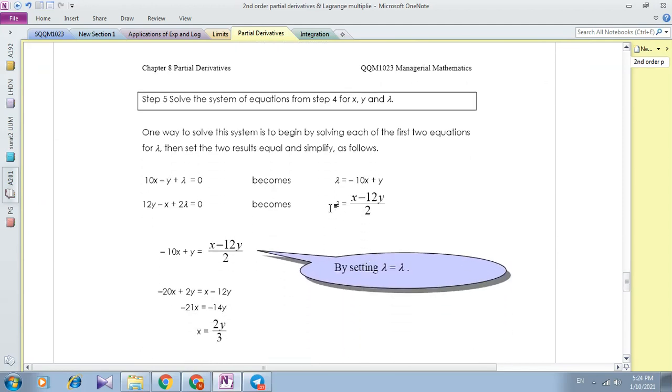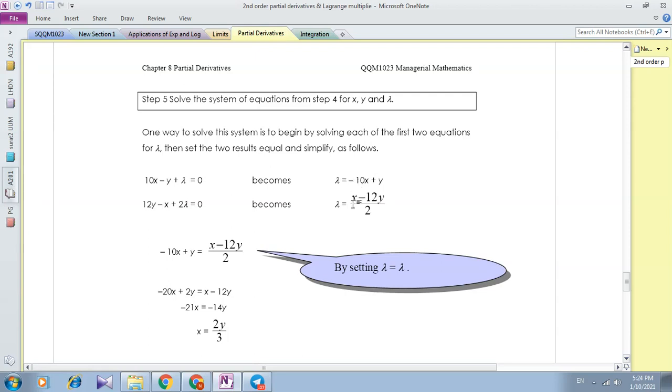Maybe you can look at here. In this case, they are trying to eliminate lambda first. So they set lambda equals something, and for the second equation, also lambda equals something.